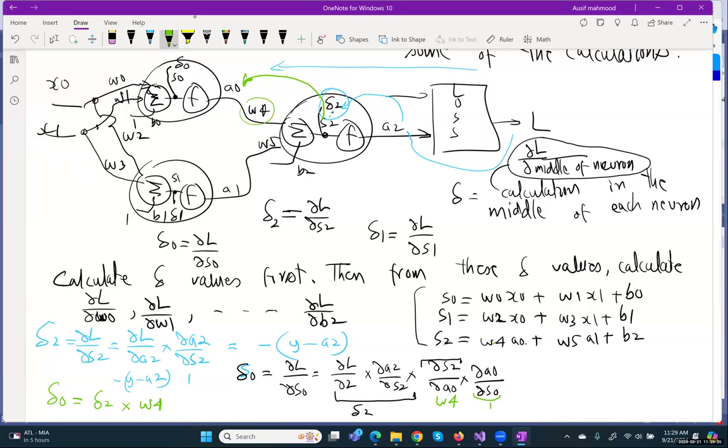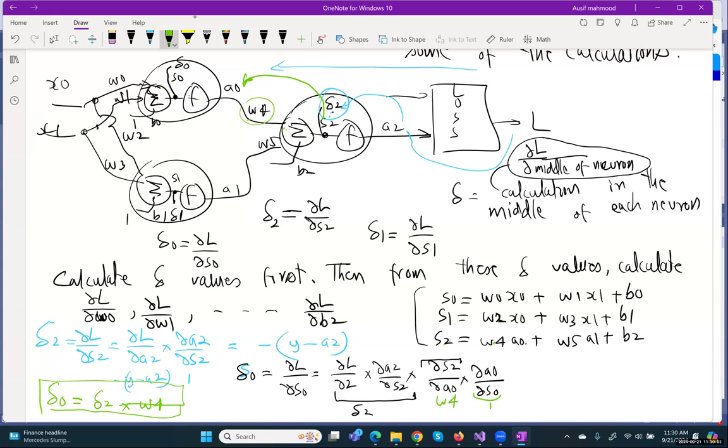Because what is connecting these two neurons? Delta 0 is the top neuron, right? And delta 2 is this neuron. What is connecting the delta 0 neuron with the delta 2 neuron? It's W4. Even if you go through the full math, because W4 is connecting them, the relationship between delta 0 and delta 2 is simply multiplication by the weight that connects them.